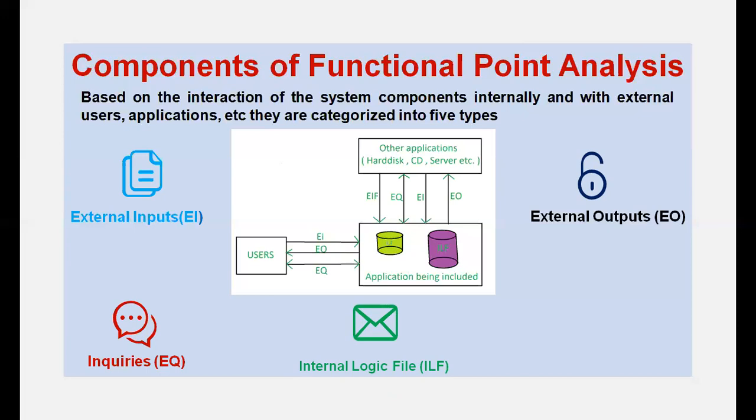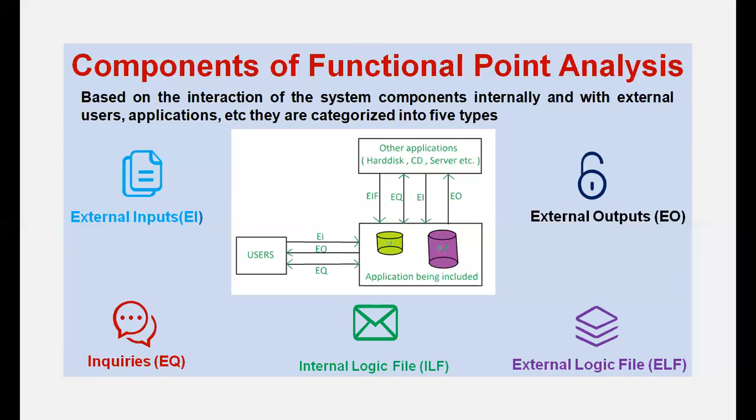The majority of the data will be interrelated and is captured via the inputs received from the external sources. And the last one, that is the fifth one, external interface file, ELF. This is the set of data from external resources or external applications, and the majority of the data from the external resource is being used by the system for reference purposes.